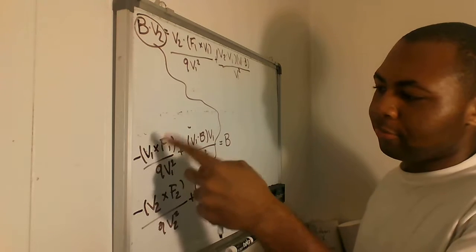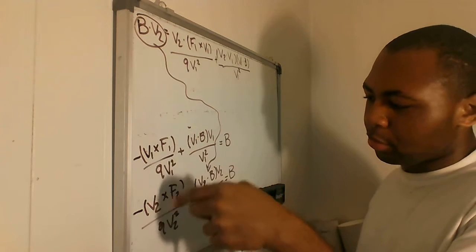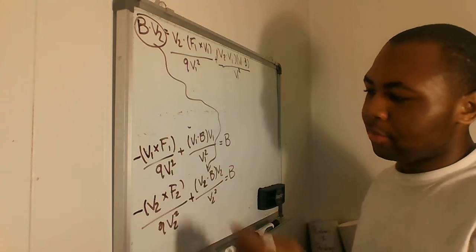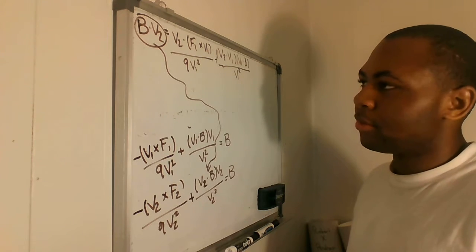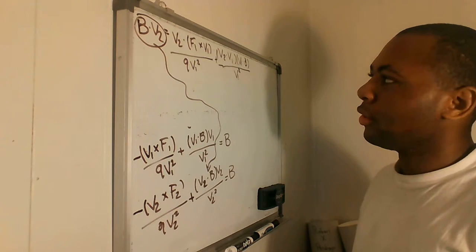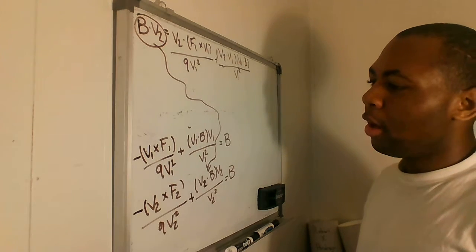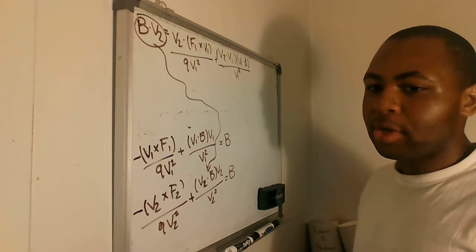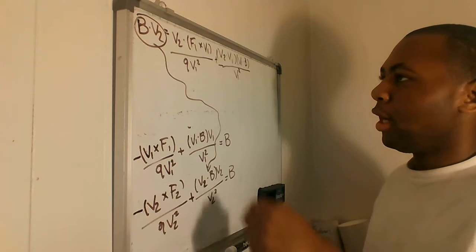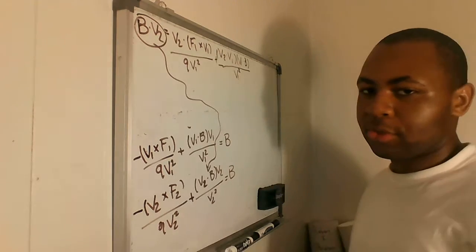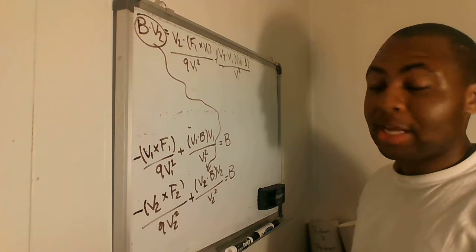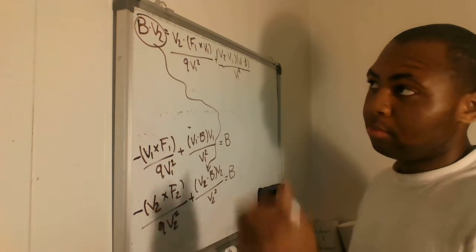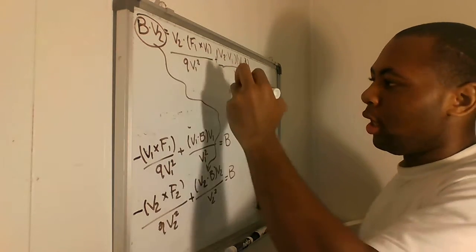The dot product with V2 wouldn't have given me a cross between V and F2. It wouldn't have given me a V2 squared anywhere. So I was stuck. That's the reason why it wouldn't have worked. But physically speaking, why it doesn't work is because this isn't necessarily 0. It has no force.